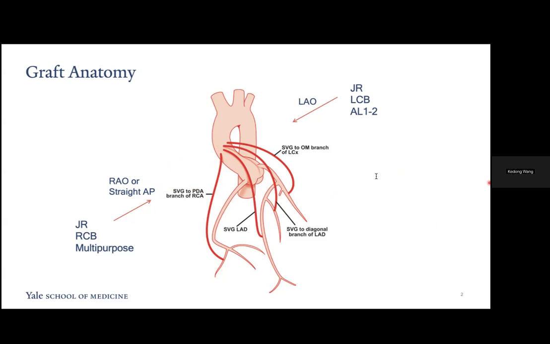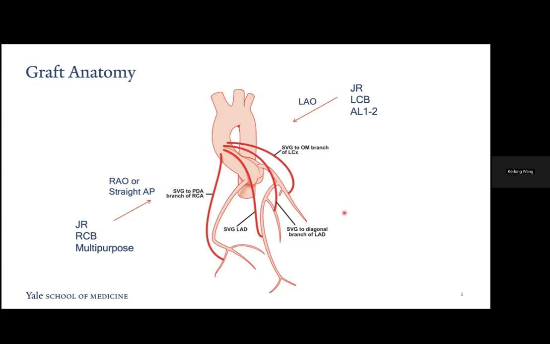If you guys have any questions, feel free to speak up. In terms of diagnostic catheters, a graft to the right is usually downward pointing and therefore requires a downward pointing catheter, whereas a graft to the left is usually upward pointing and requires an upward pointing catheter.